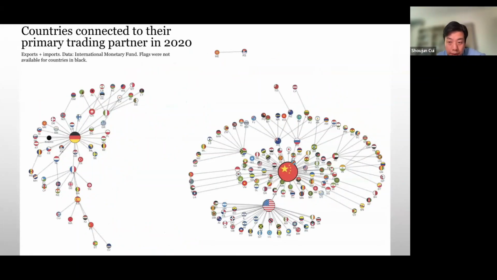But by 2020, you can see another landscape. In Europe, Germany there, France there, Italy there. But on the other side, you can see that China has become the center, or the epicenter, of the trading network. So the United States, however, is smaller than China in terms of the number of top trading partners.